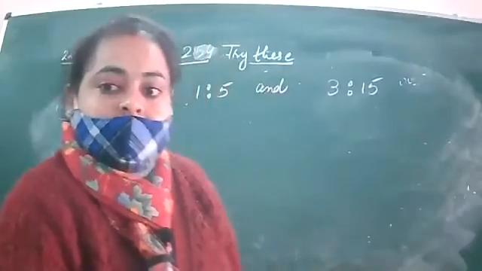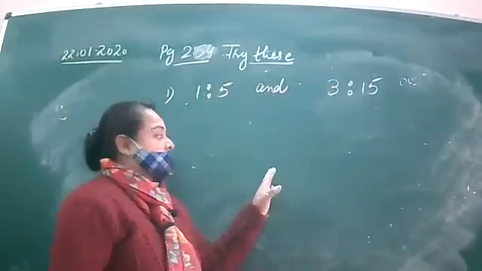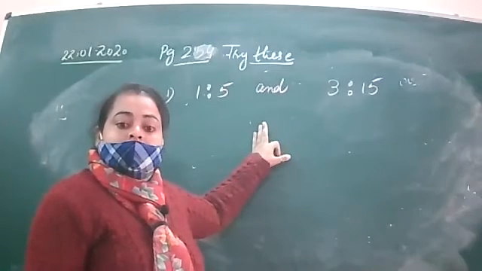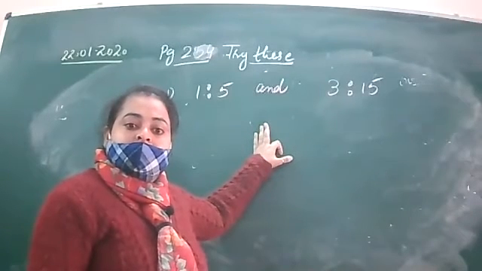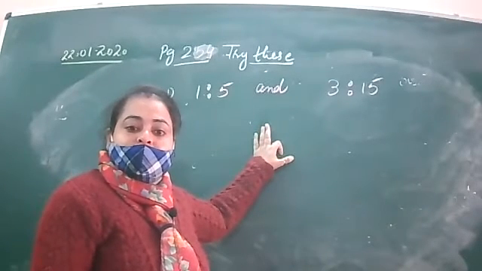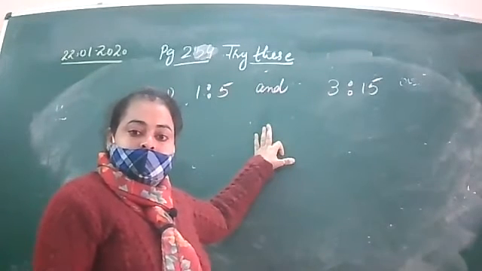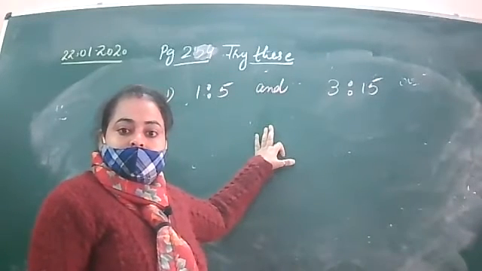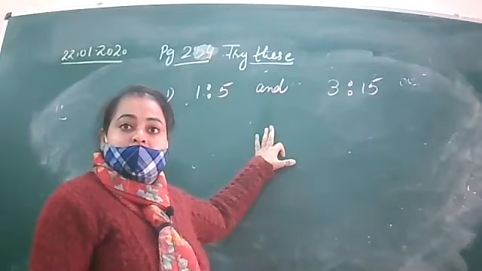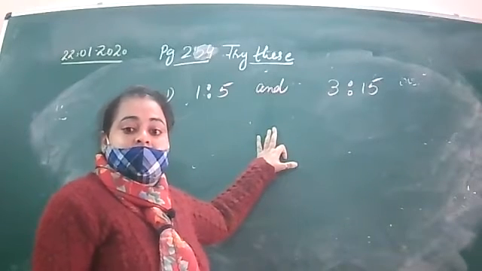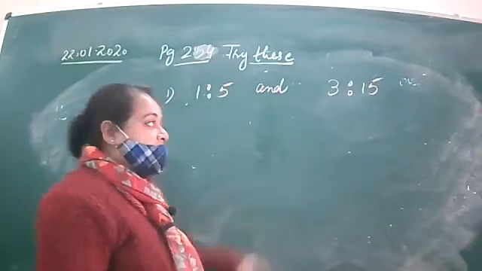Now, students, look, how can we solve this sum? Write down in the chat box. This sum is based on the concept of ratio. Now tell me, Kanish, how can we solve this sum? Very good.